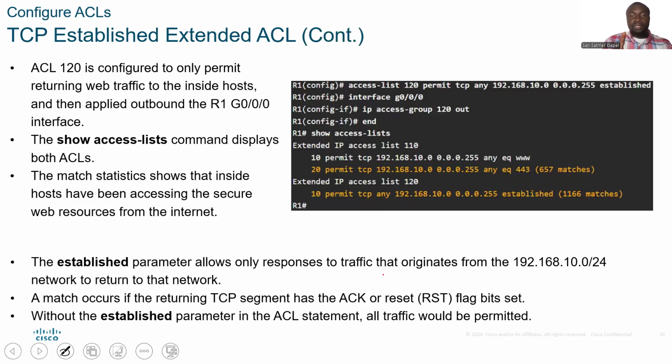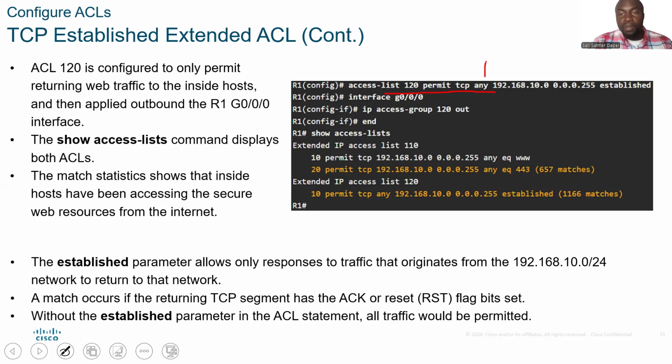So we will see. So this is the configuration, right? So access list 120 to only permit the returning web traffic to inside host and then applied inbound on router 1. So you see, this is access list 120 permit TCP any IP address. Is that not so?